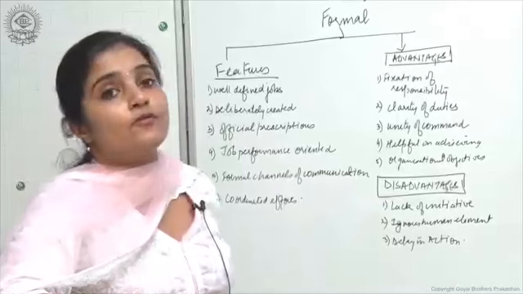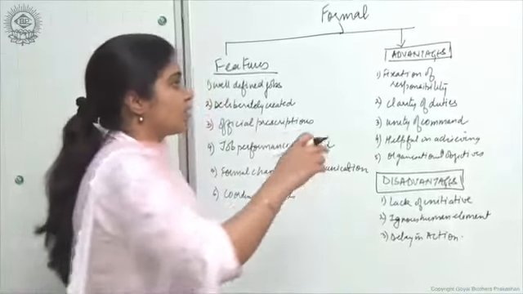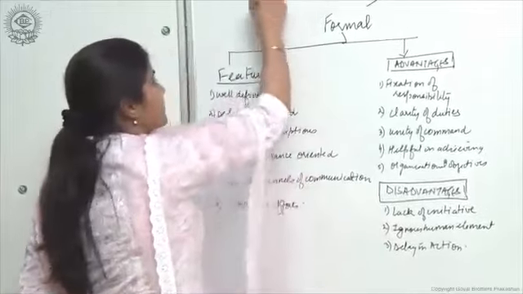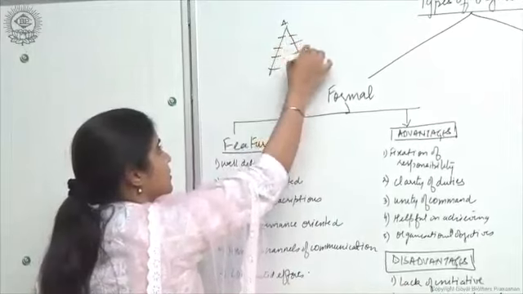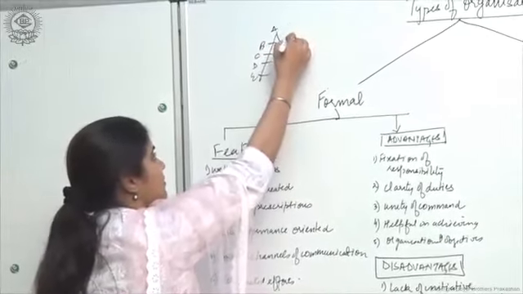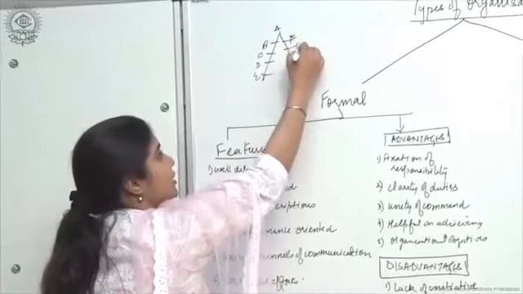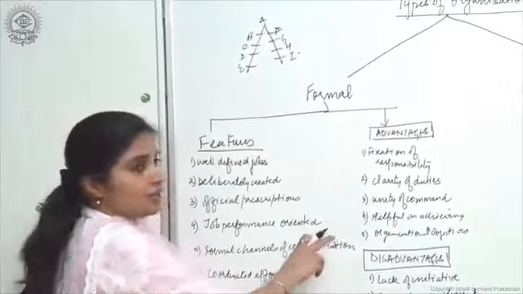Then they follow formal channels of communication. Like when we studied the scalar chain principle, we said this is A, B, C, D, E, and here F, G, H and I. They will follow formal channels of communication.